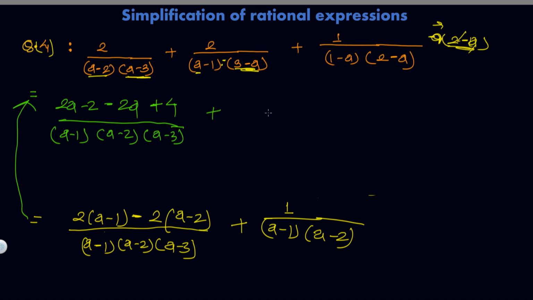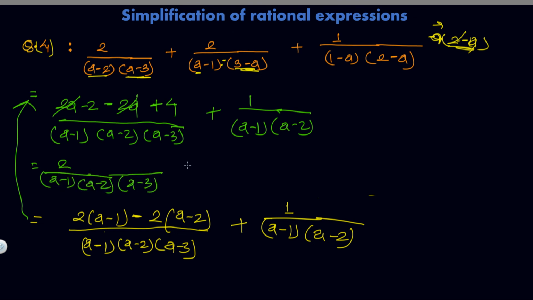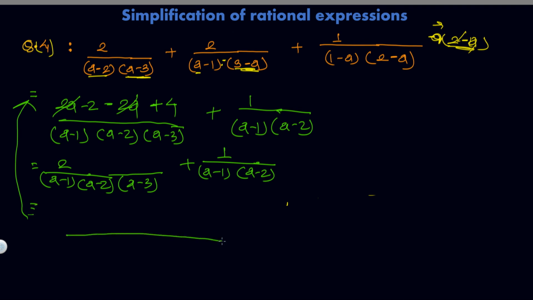Plus the term over here would be 1 over a minus 1, a minus 2, which would give me 2a is gone over here. 4 minus 2 is 2, so I would have 2 over a minus 1, a minus 2, and a minus 3, whereas over here I would have a minus 1, a minus 2. I take the LCM of the denominators of these two terms. I would have a minus 1, a minus 2, a minus 3.